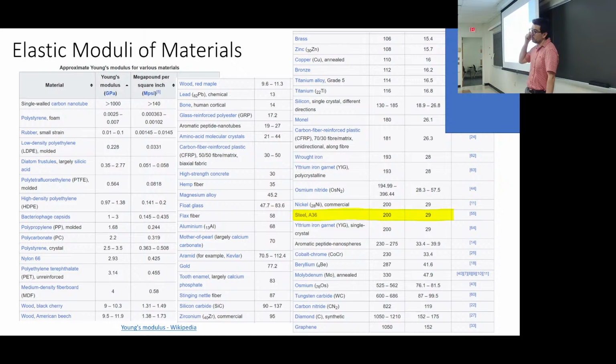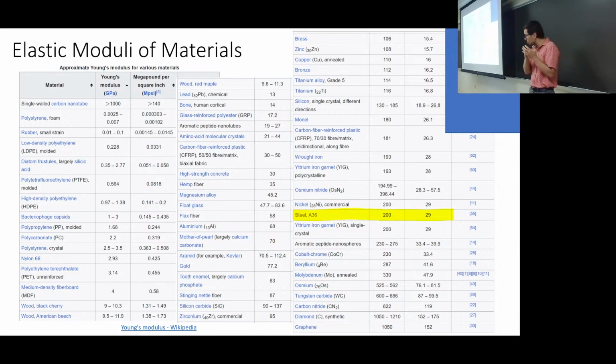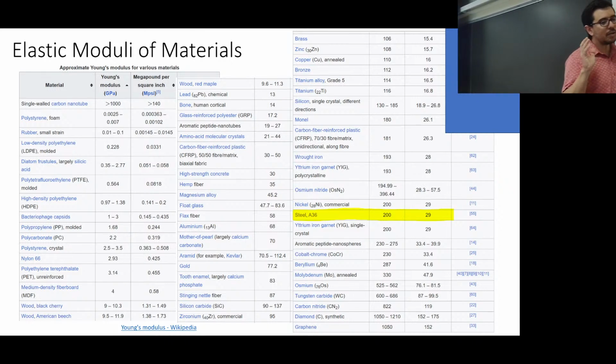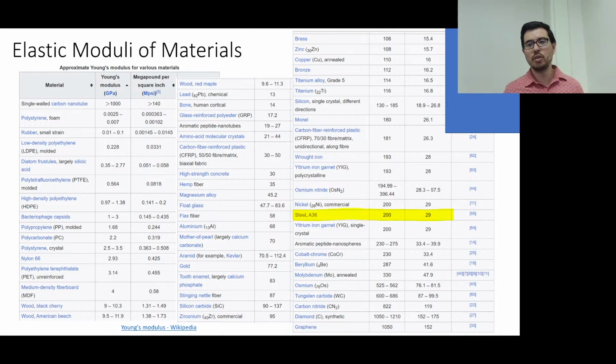quenching, through adding plasticity to it by hitting it with balls or denting it on the outside, you can change its strength, but the elastic modulus stays remarkably constant. In my head, I always think 210 gigapascals, but here it says 200.